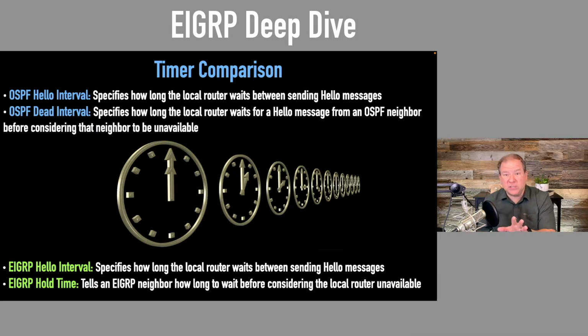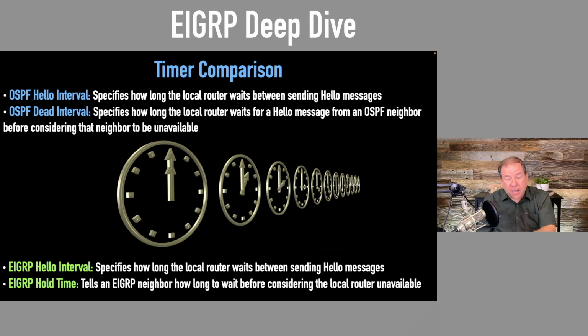Now, the hello interval is about the same. If I'm router R1, and let's say you're router R2, and I've got my default hello interval of 5 seconds, I'm sending you a hello message, a multicast, every 5 seconds.